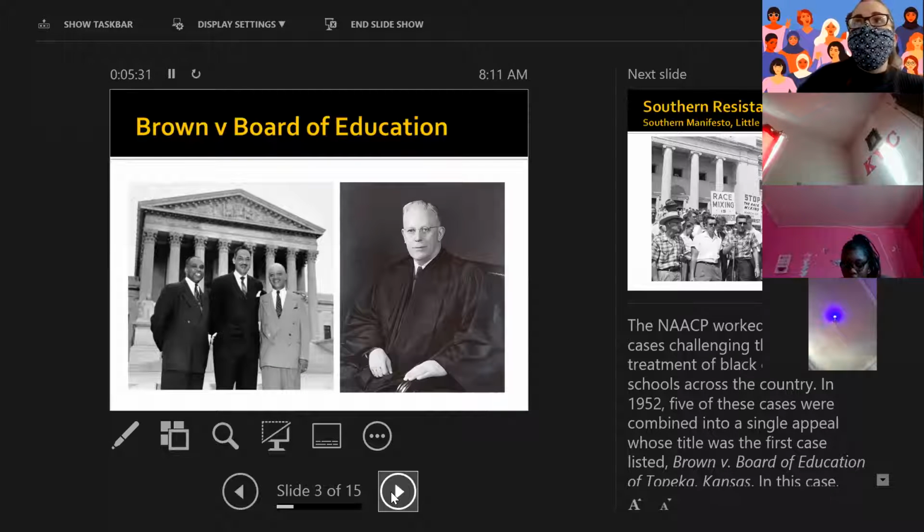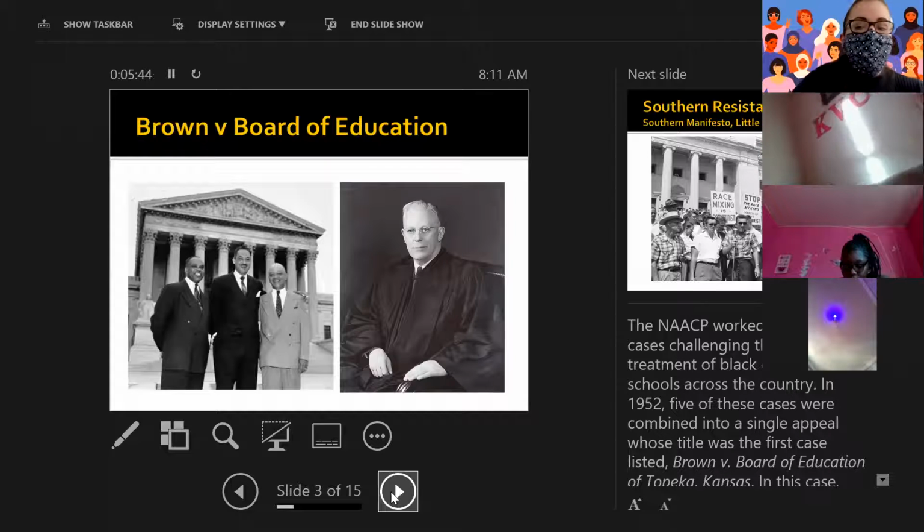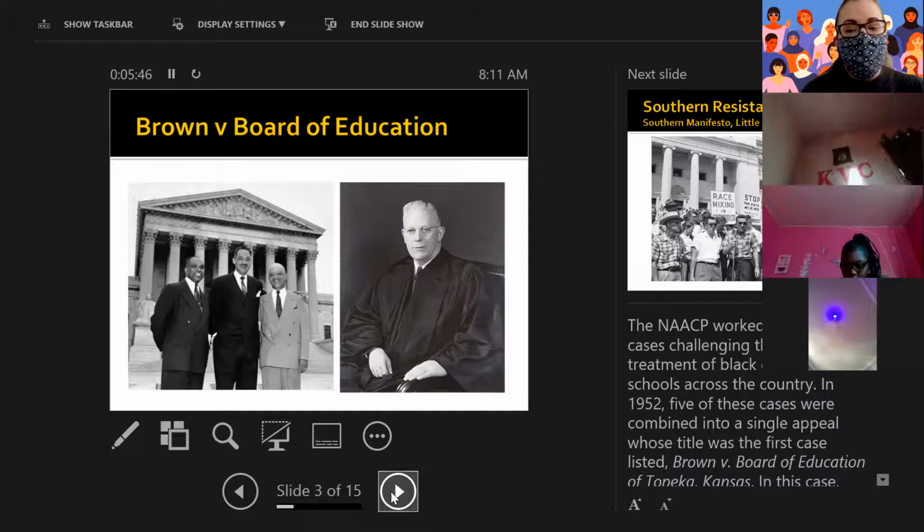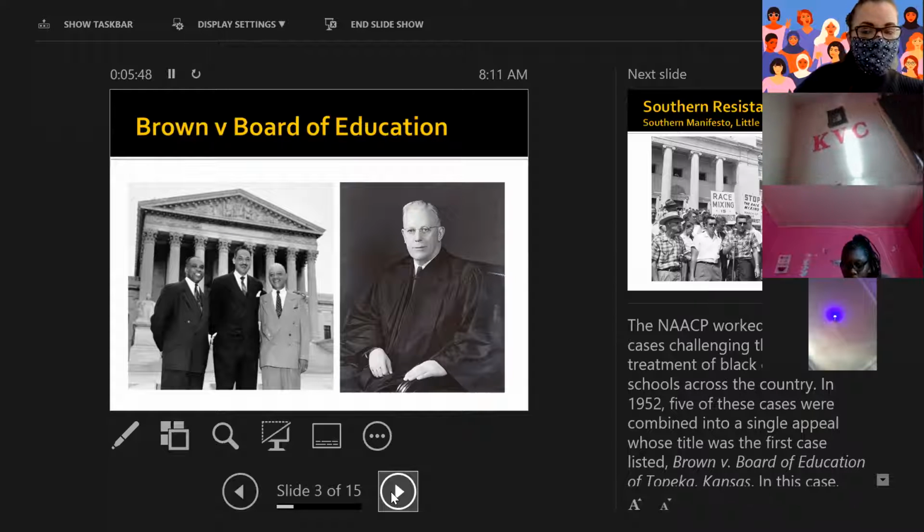One of the first major victories of the civil rights movement is in Brown versus Board of Education. As I stated earlier, the NAACP worked on legal strategies to end segregation.